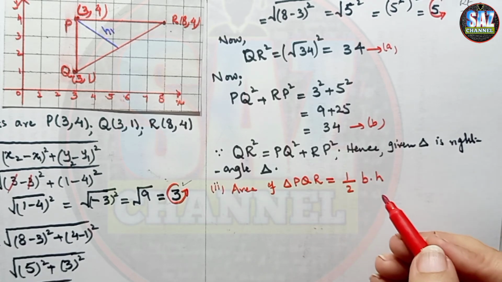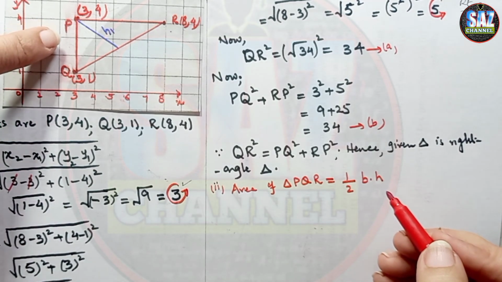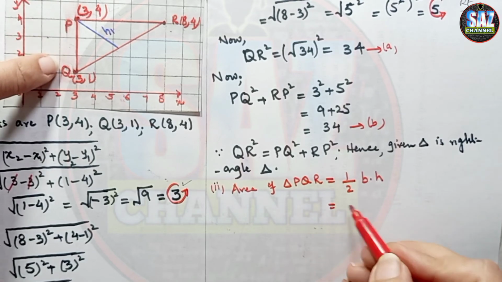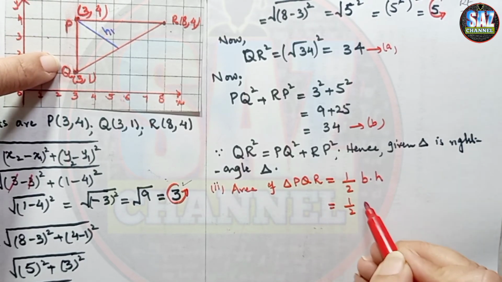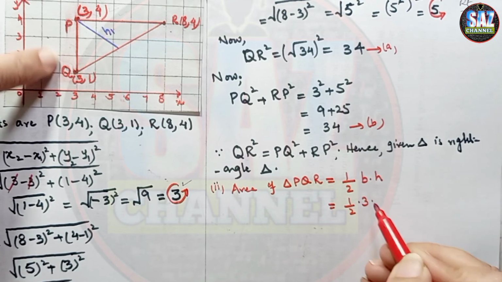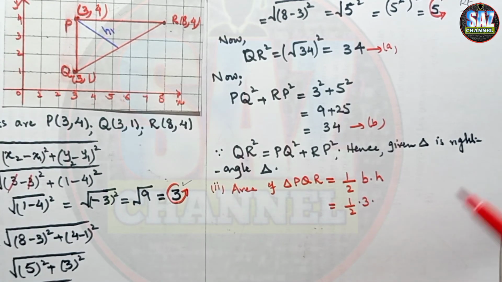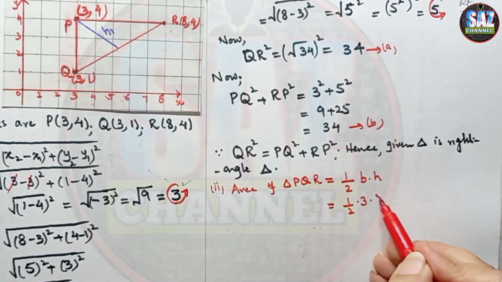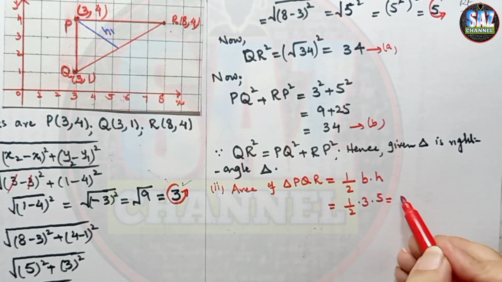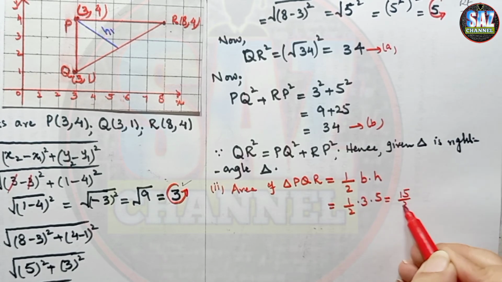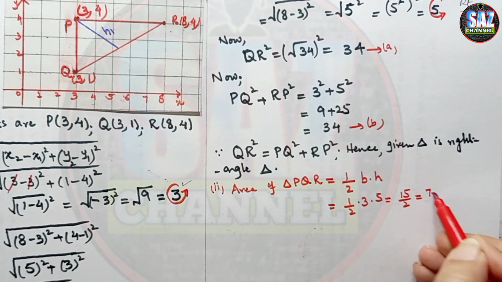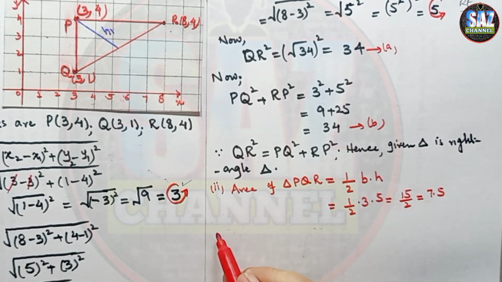The base will be 3 units, so 1 by 2 into 3, and the height will be 5 units. This is 15 by 2, equals 7.5.